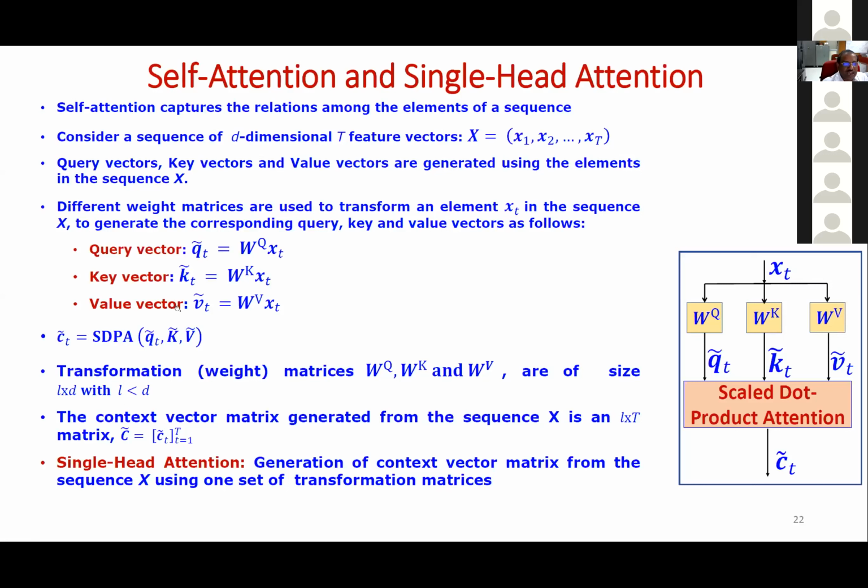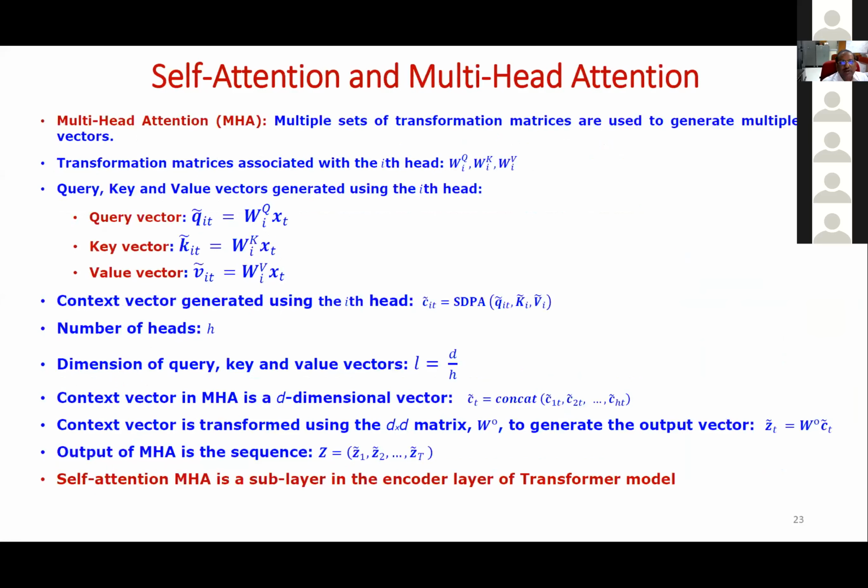And that will help us to generate new context vectors, and therefore new context vector matrices. So what we do in the self-attention and the multi-head attention is we use multiple sets of these transformation matrices to generate multiple context vectors.